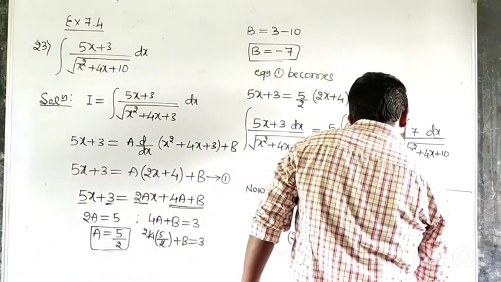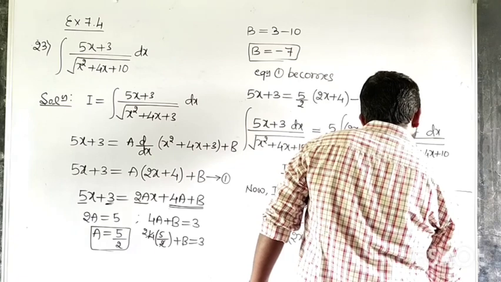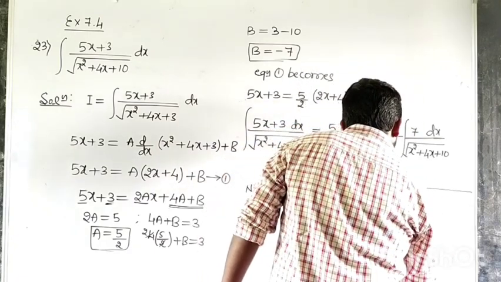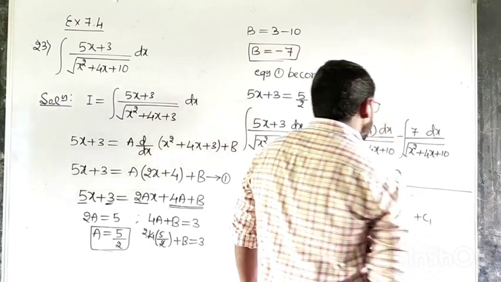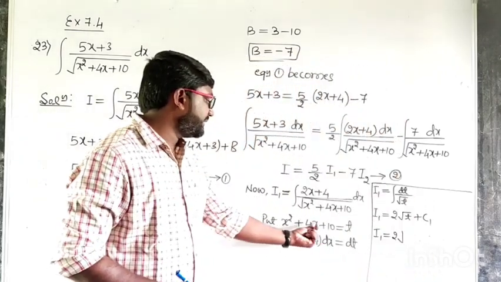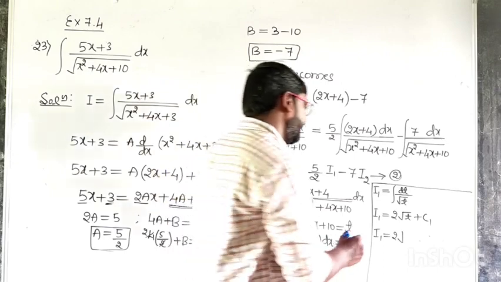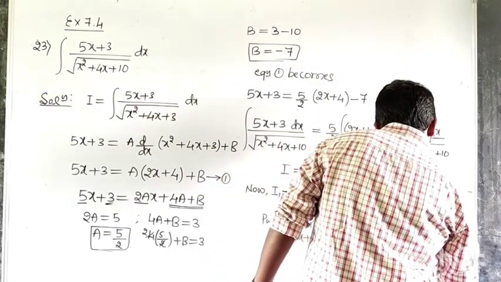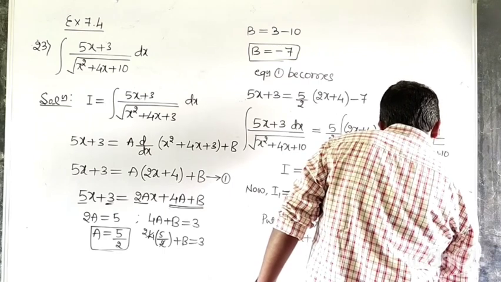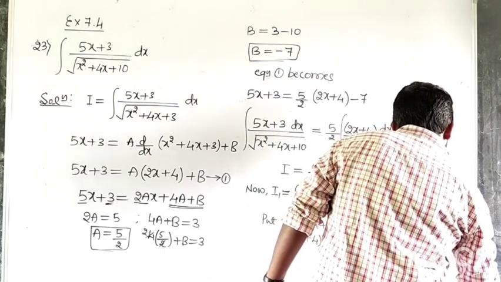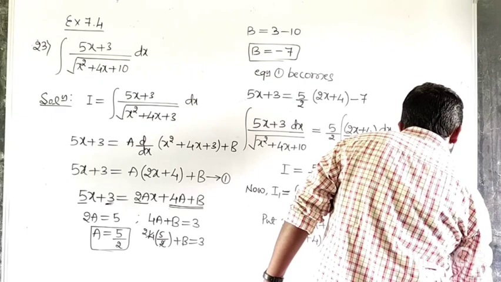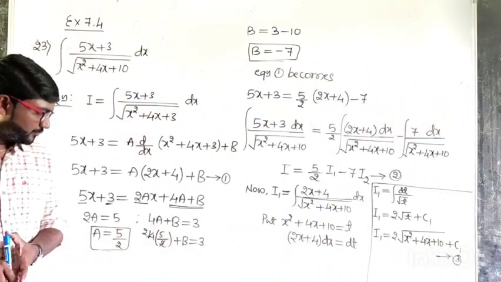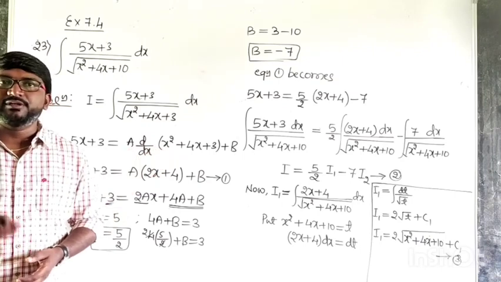So 2 times root t plus c1. So I1 is equal to 2 times the square root of t. T is nothing but x square plus 4x plus 10, plus c1. I call this equation number 3. Since we do not have much space, pause the video to note it down, then we will move on to I2.